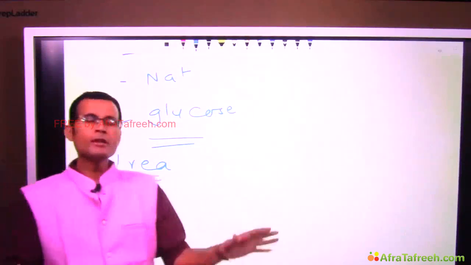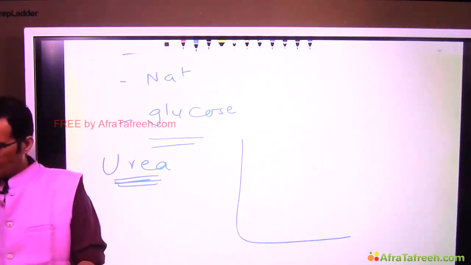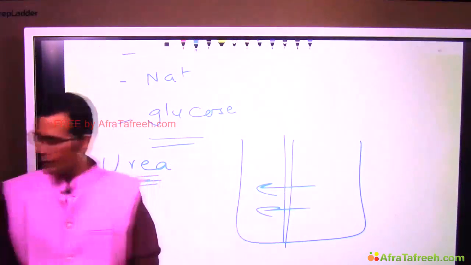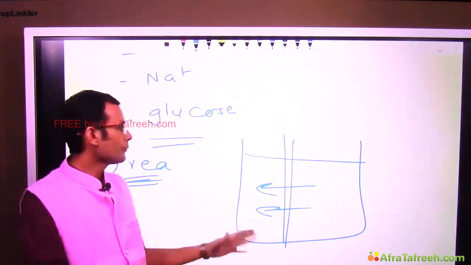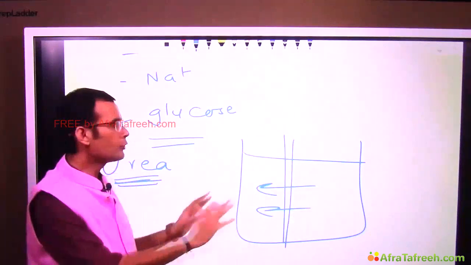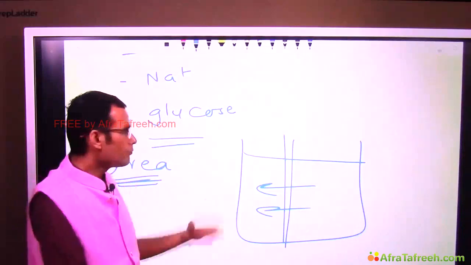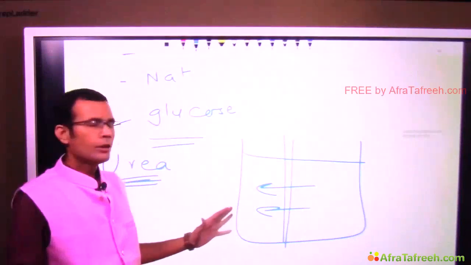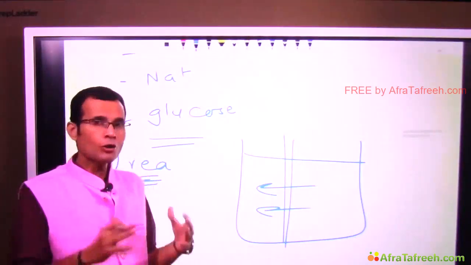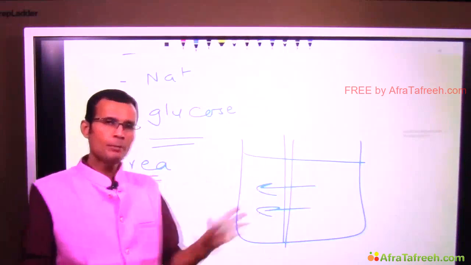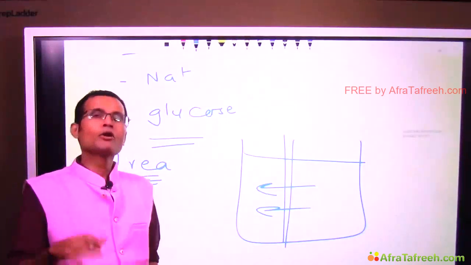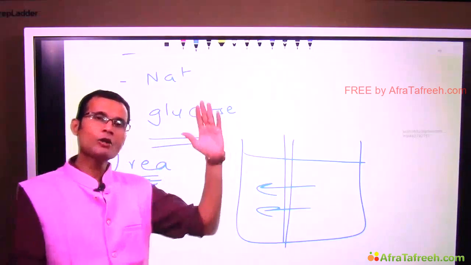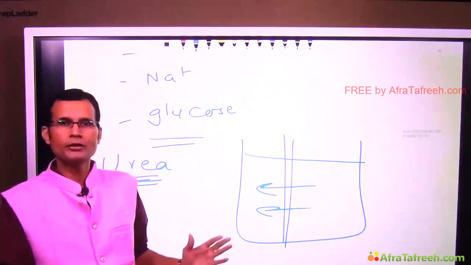Urea crosses the membranes easily, which means what? Urea will reach equilibrium very, very rapidly between the two compartments, between the two solutions. So it will not cause movement of water. Remember, water movement by osmosis will be caused if the solute is higher on one side of the membrane compared to the other.